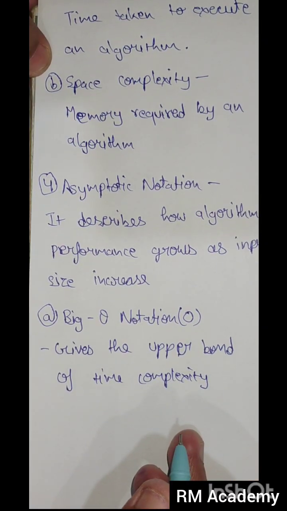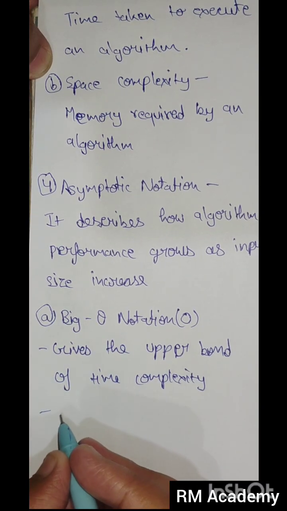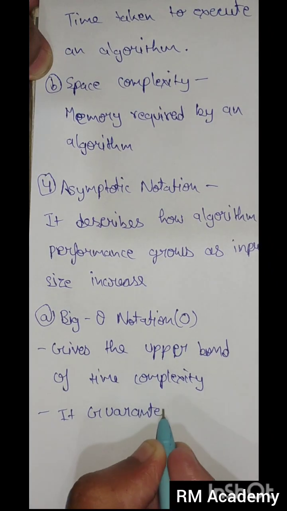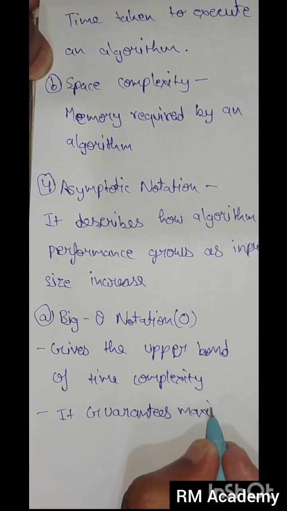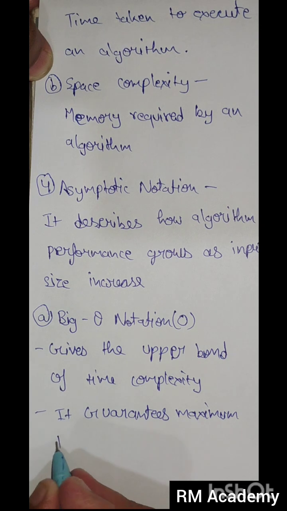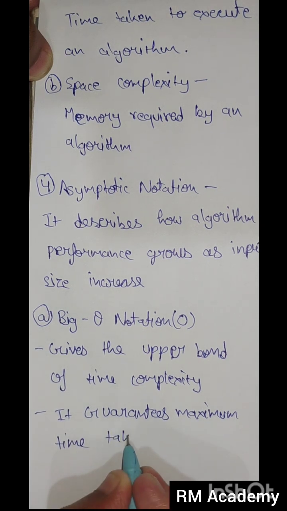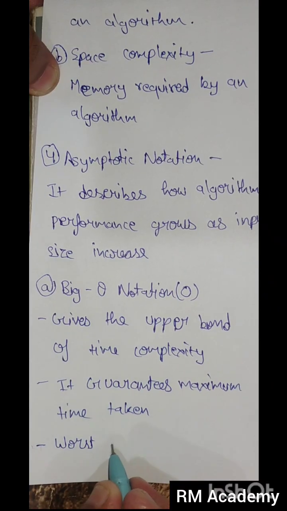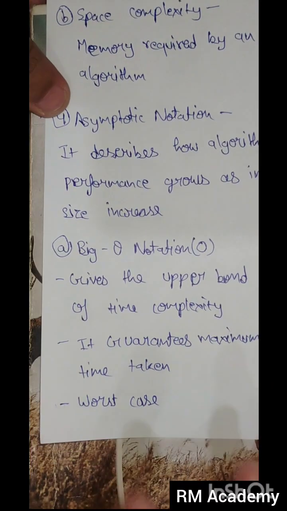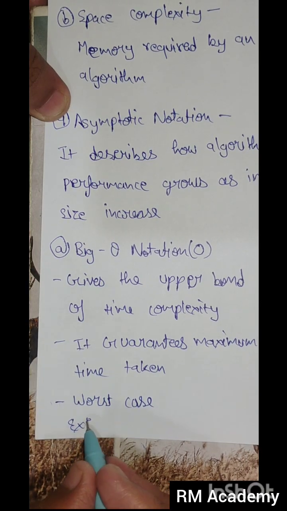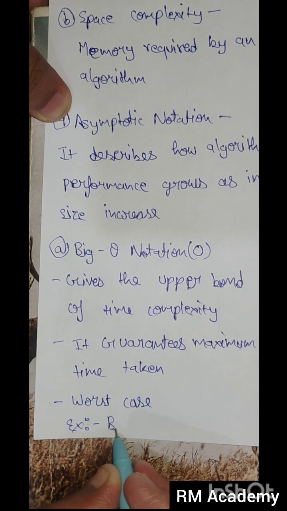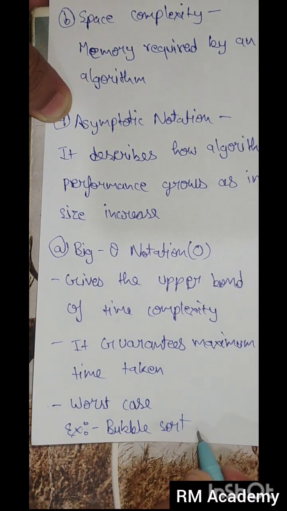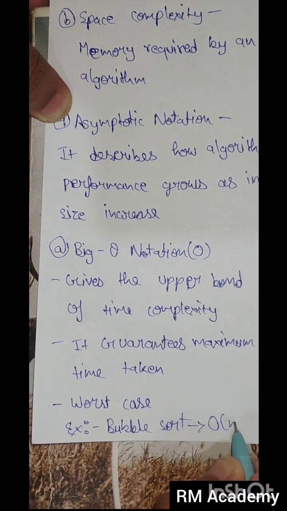It guarantees maximum time taken. It comes under worst case. For example, bubble sort. Bubble sort takes O of n square time.